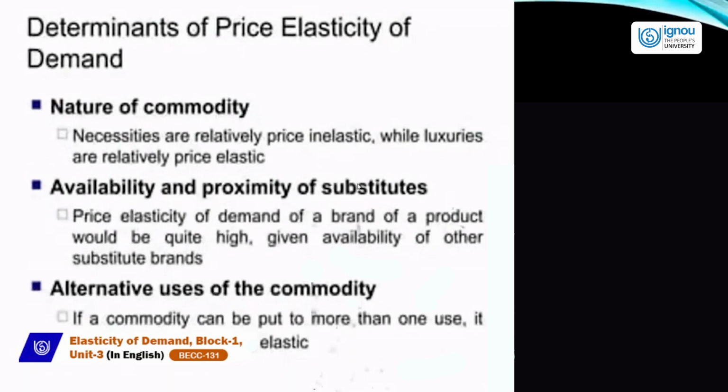If demand can't change, demand will be less elastic or inelastic. So if a large number of substitute products are available in the market, then consumers' demand will be more elastic. If a commodity can be put to more than one use, it would be relatively more elastic.